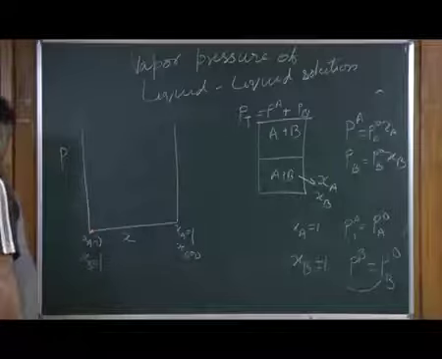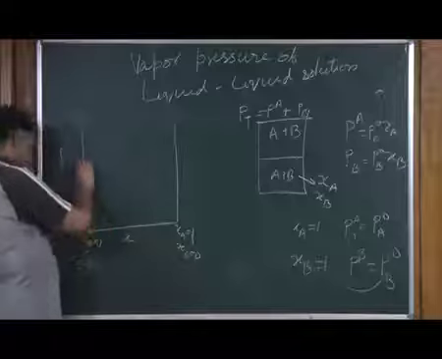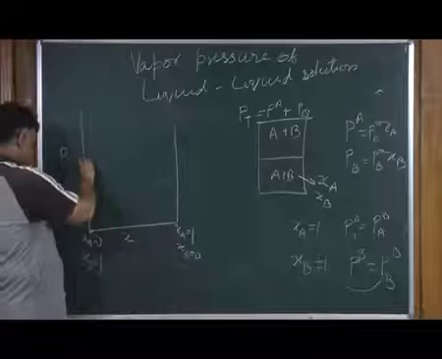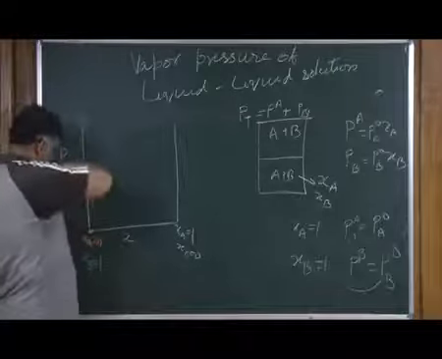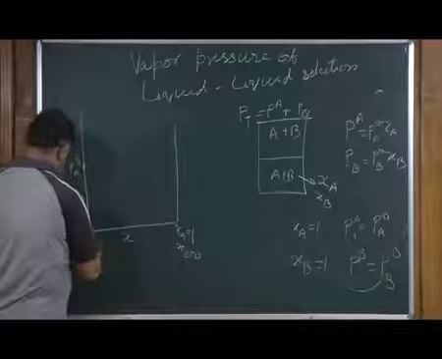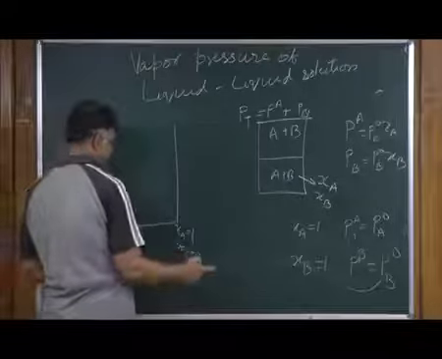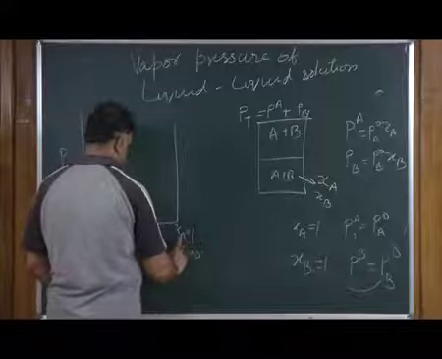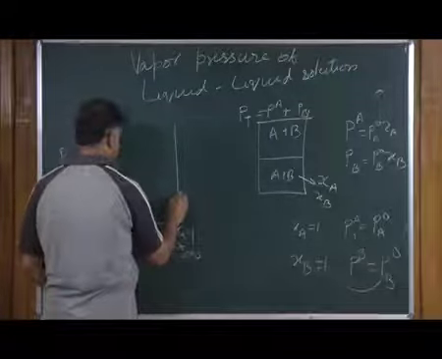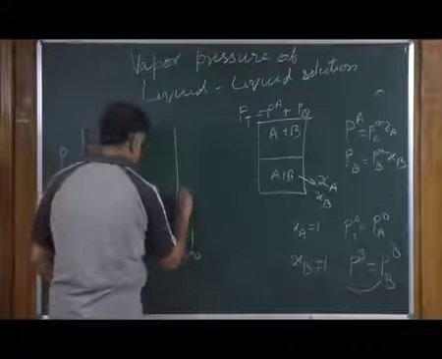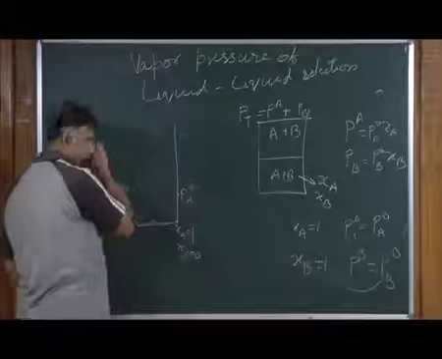So, when we have pure B, the partial pressure of B is going to be P_B^0 and the partial pressure of A is going to be 0. What about when we have pure liquid A? Then the partial pressure of A is going to be P_A^0 and the partial pressure of B is going to be 0.